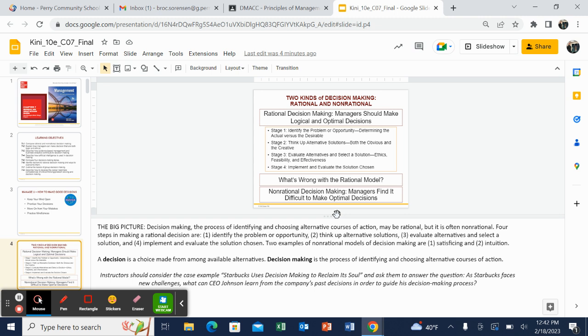And stage 2 is think up alternative solutions, both the obvious and the creative. So with this, if you have a revenue problem where you're not bringing in enough sales, right? And sales is really your focus. Well, an obvious solution to falling sales, falling revenues would be to lower the price.